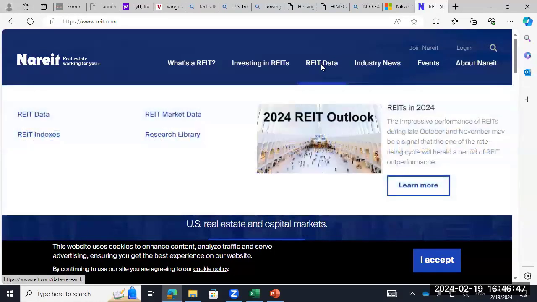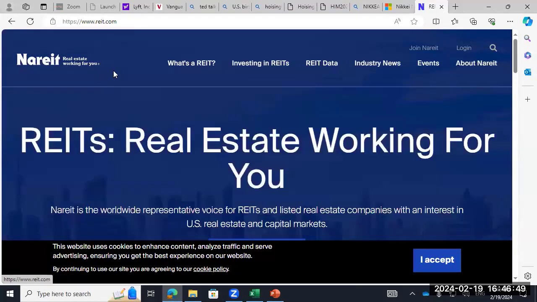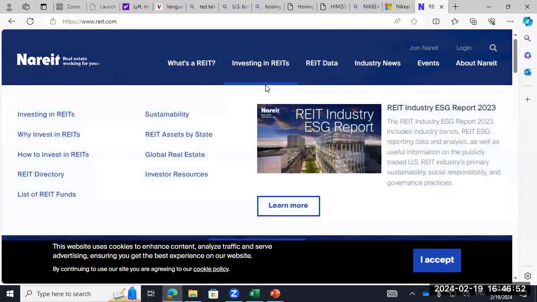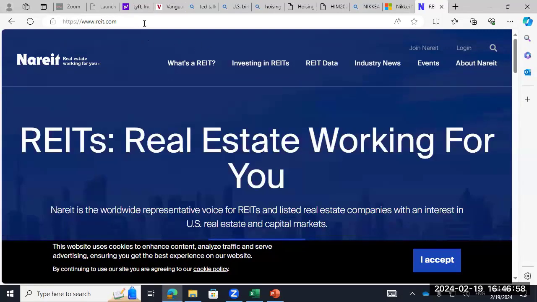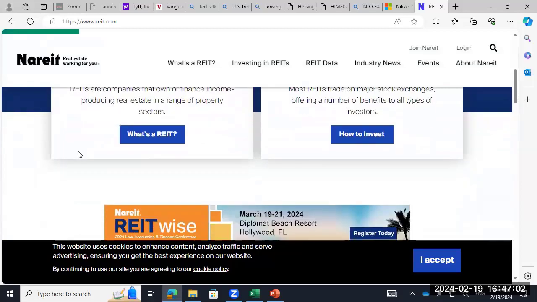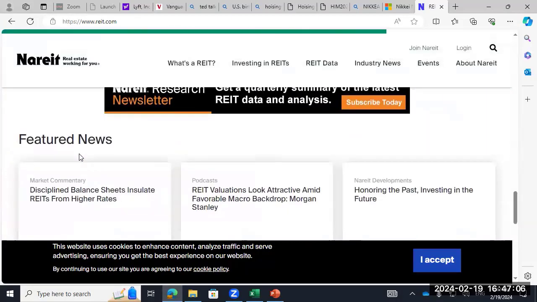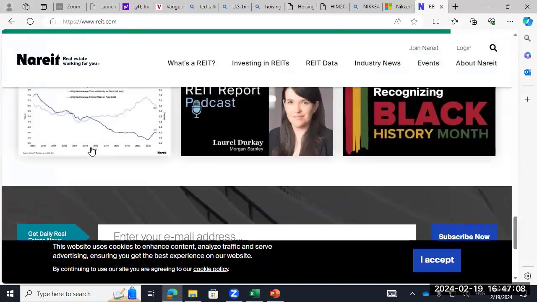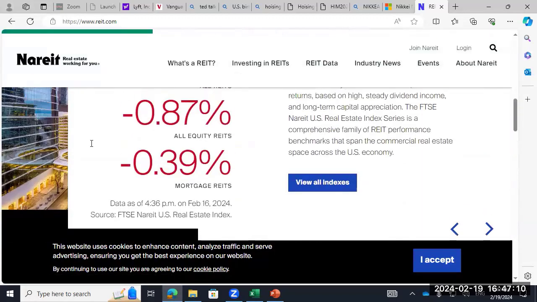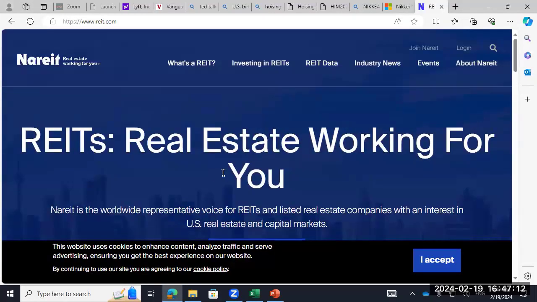They provide some REIT data, but most of it you can get off of Bloomberg, because these are publicly traded securities, so it's pretty easy to get the data. NAREIT is REIT.com. There's a lot of free stuff in there, and I think you can get a lot without logging in, but it's easy to get anyway.